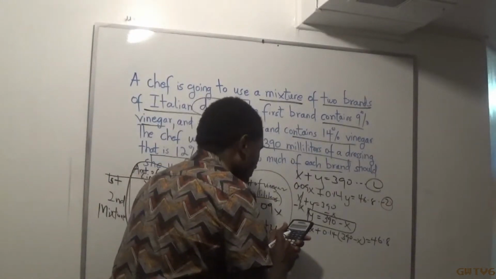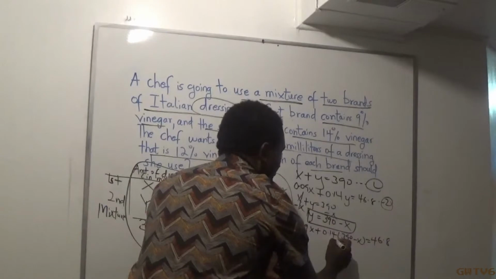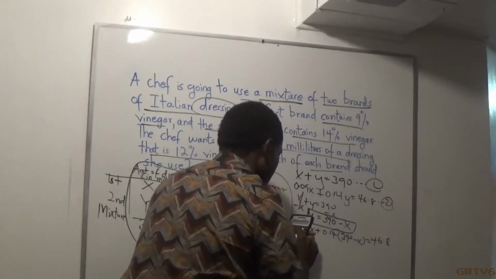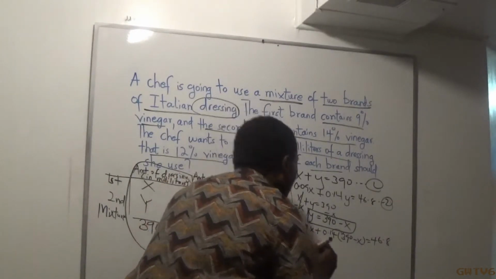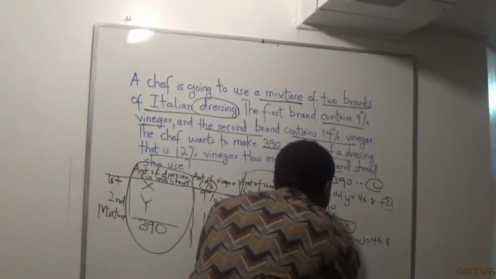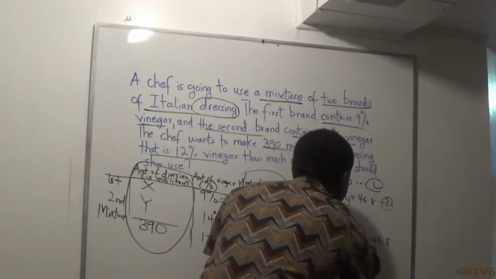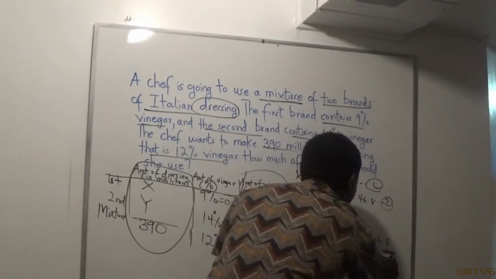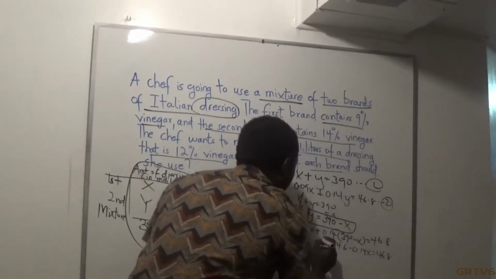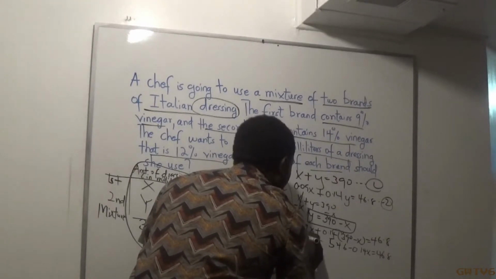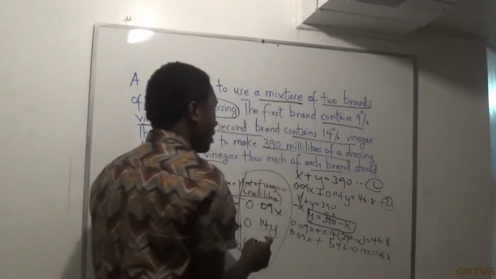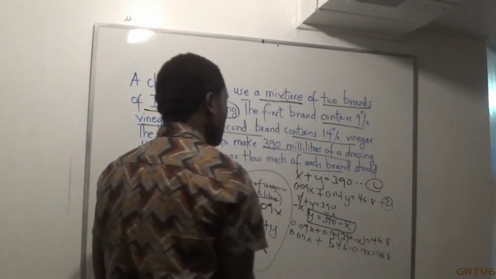So I got 0.14 times 390, and that is 54.6. And then 0.14 times x, so I got minus 0.14x equals 46.8. And then I'll just bring this down, the 0.09x.